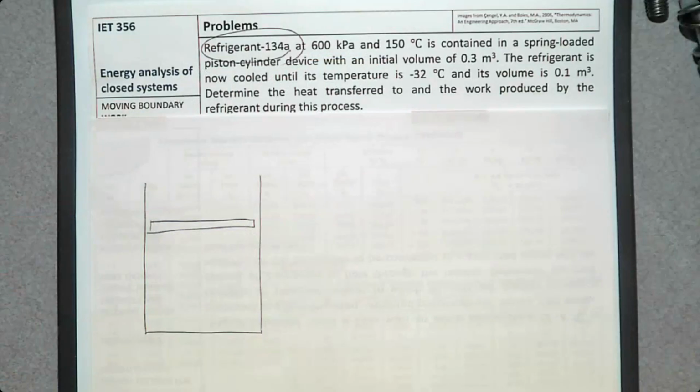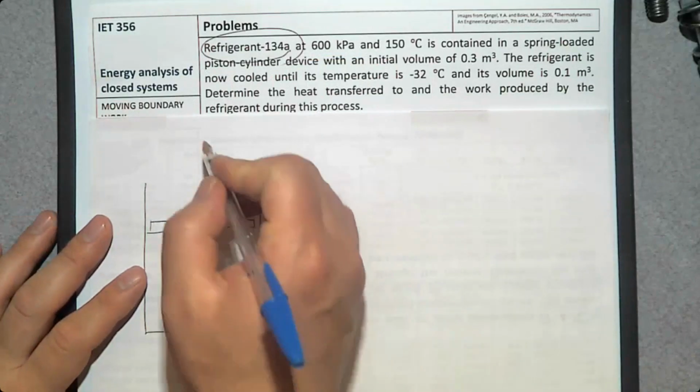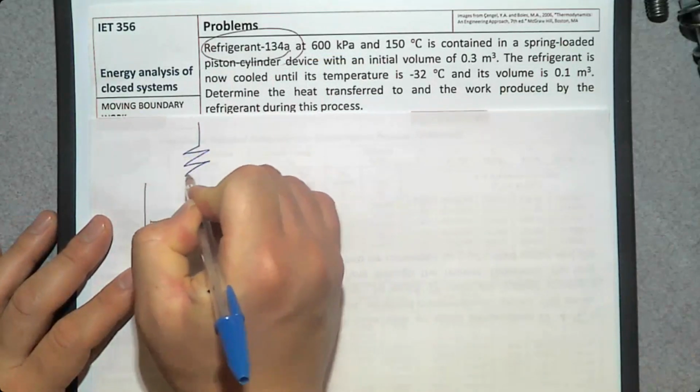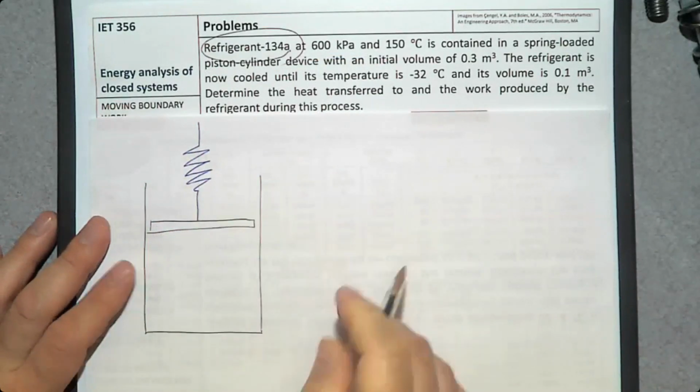It doesn't mean that this analysis is only for some kind of engine. No, whenever you have a volumetric change, the simplest domain is going to be a piston cylinder device. Now we have an external force, a spring-loaded piston cylinder device.